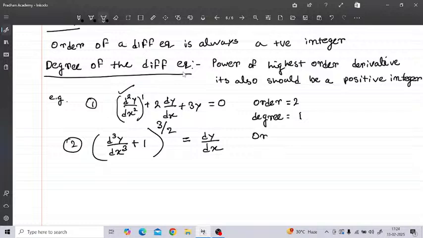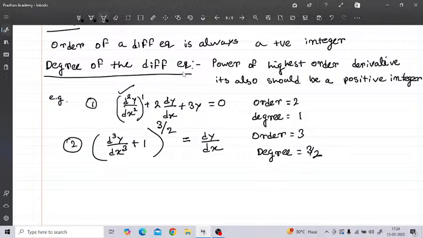So our order is clearly 3. But what is the degree of this differential equation? Many of you can say that degree is 3/2, as I have already defined that it is the power of highest order derivative. So if you expand it, the highest order derivative's power will be 3/2. So you can easily say that degree is 3/2.